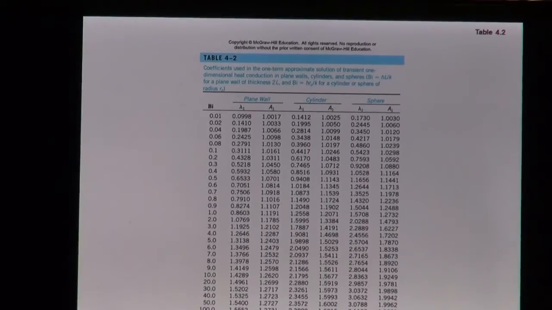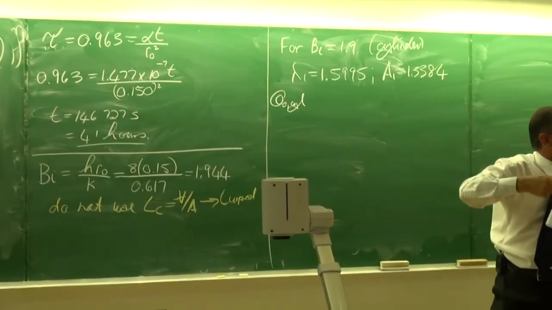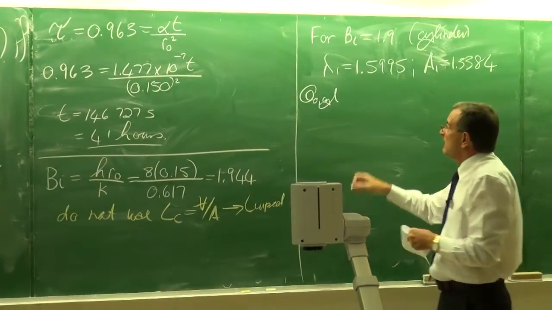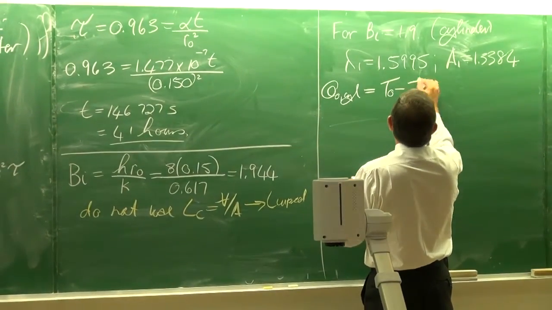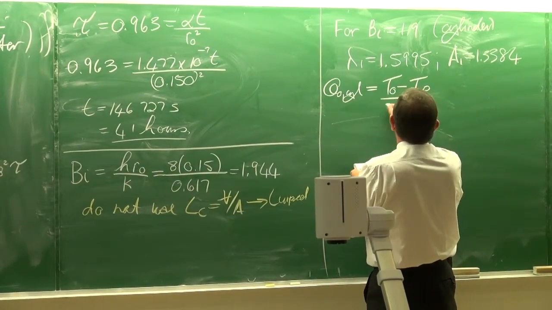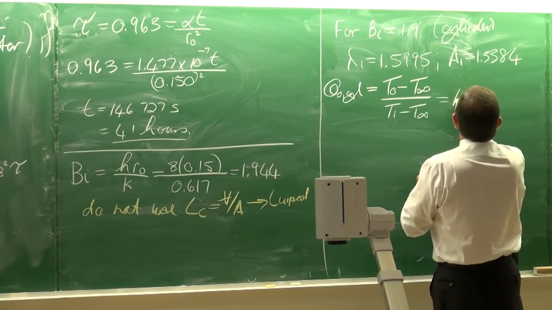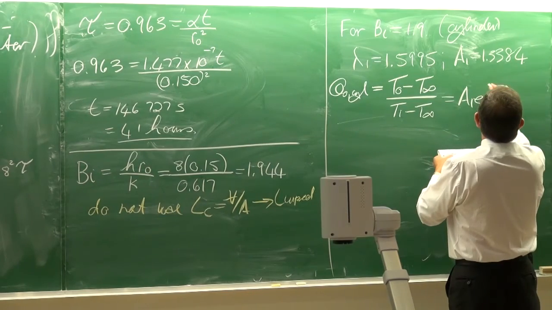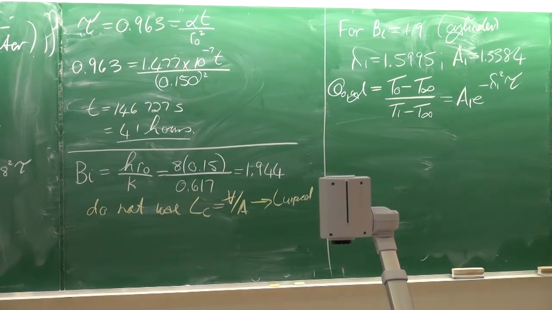Okay. So for a cylinder, we want the temperature in the center. That is why we use the O there. The non-dimensionalized temperature is (T0 minus T infinite) divided by (Ti minus T infinite), and that is equal to A1 e to the minus lambda 1 squared multiplied by tau.